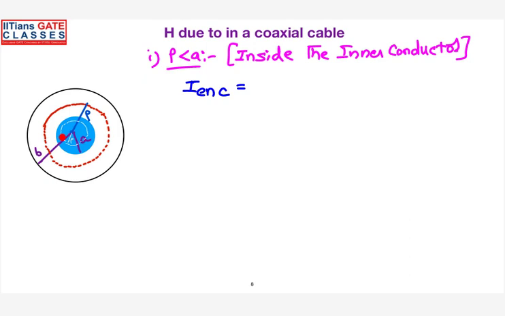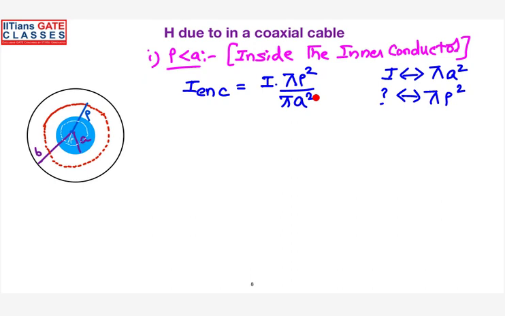The inner conductor current I is spread over an area of pi a square. Whatever loop you have considered encloses a smaller area of pi rho square. So the total current enclosed in that case is I into pi rho square divided by pi a square.